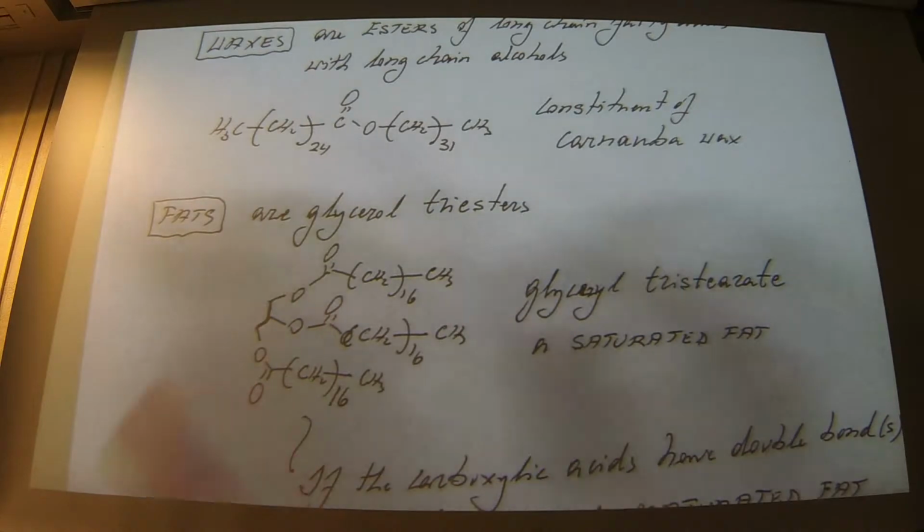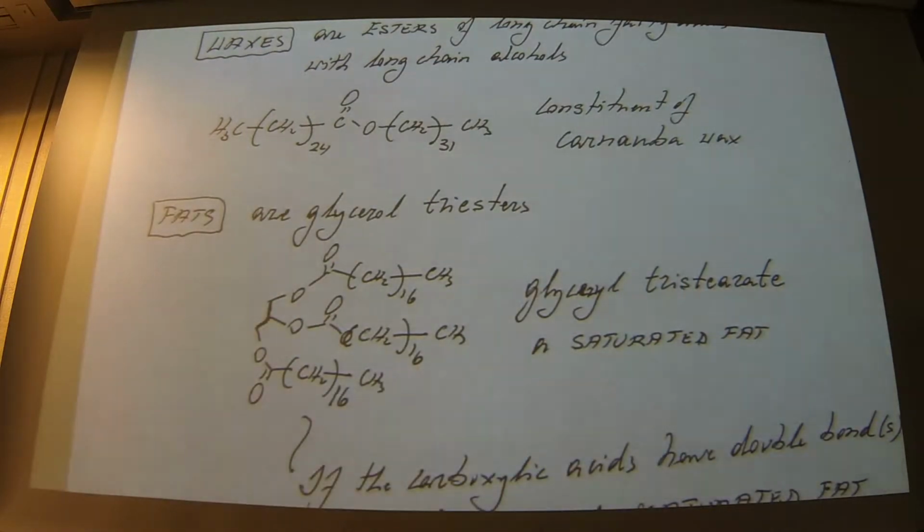Now, two things I want you to notice. Take a look at the carboxylic acid here, and this carboxylic acid. They're both linear, granted. But there's another thing I want you to notice, and that is that they have even numbers of carbon atoms. That turns out to be significant because of the biosynthesis. That tells you that these linear carboxylic acids are assembled from 2 carbon units.